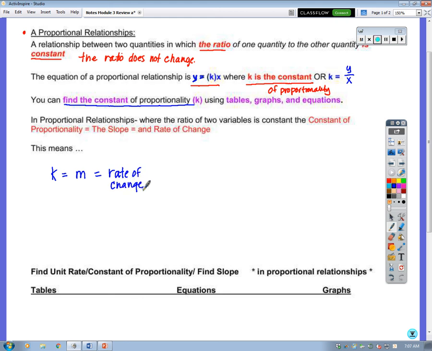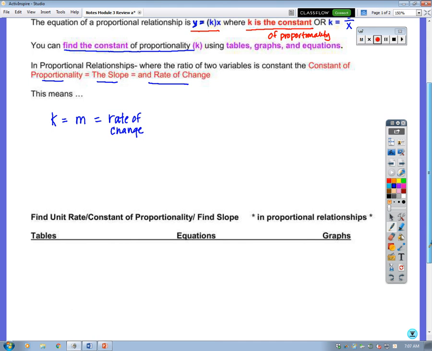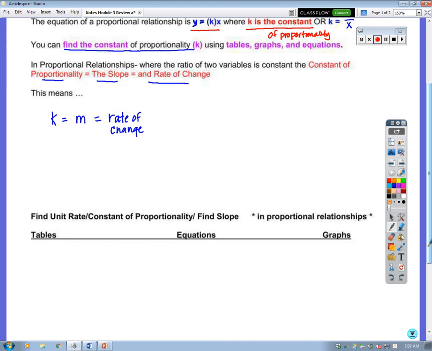So, constant of proportionality is equal to slope is equal to rate of change. Now we're going to give a couple examples of how to find those things. Actually, I'm going to give you the equations and relationships first.